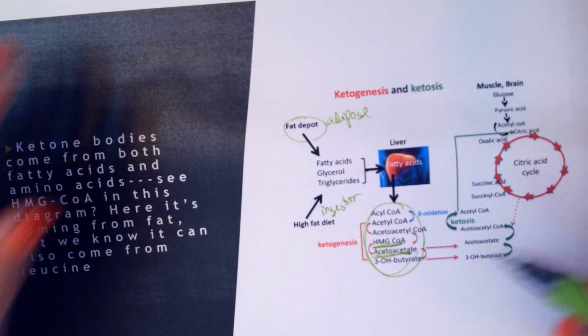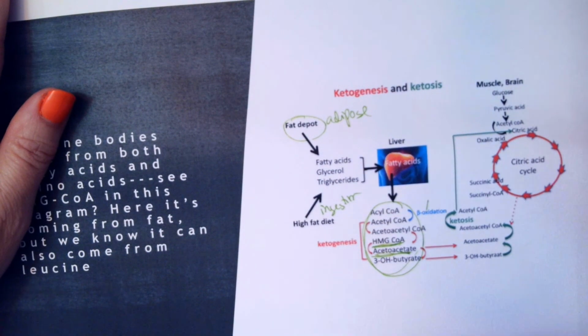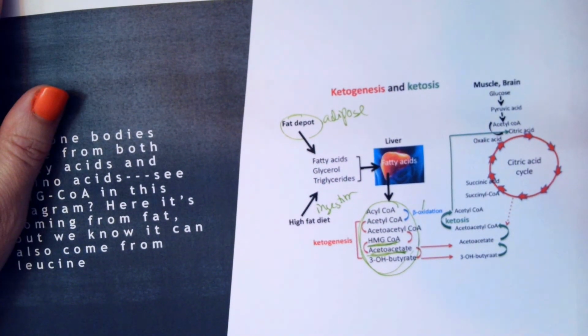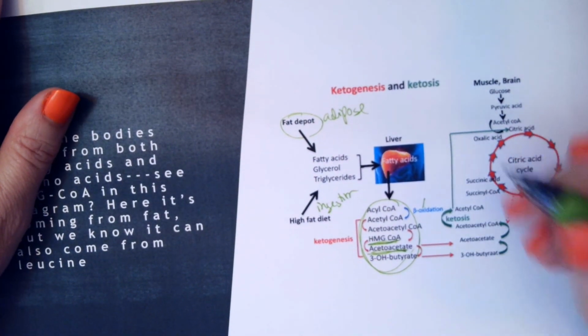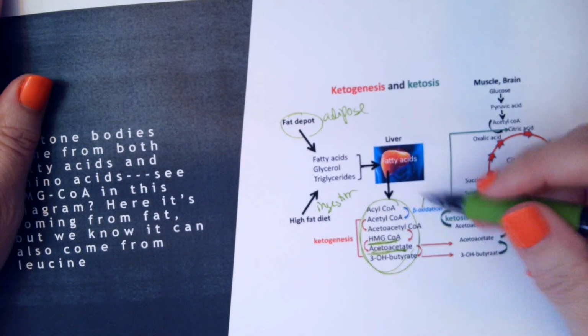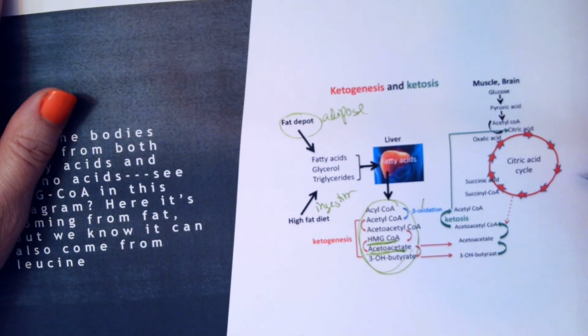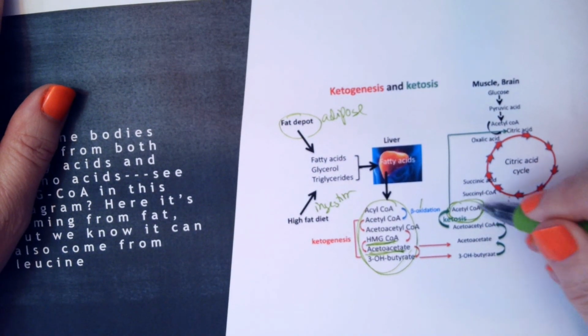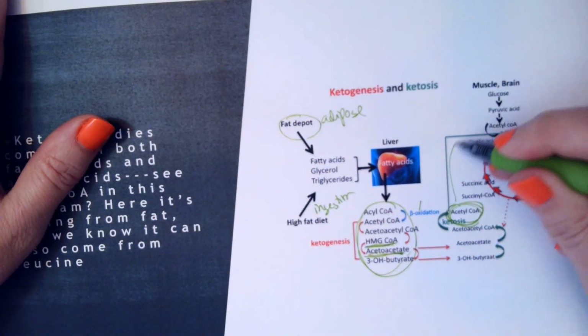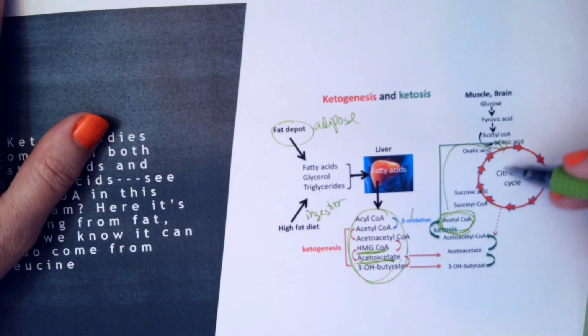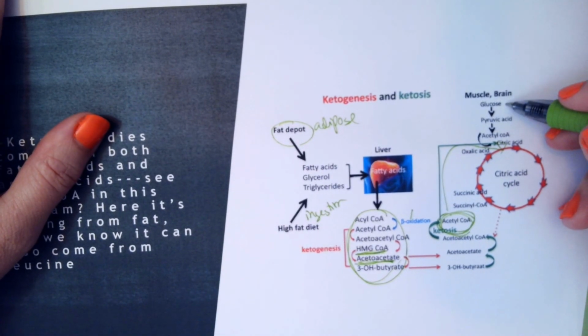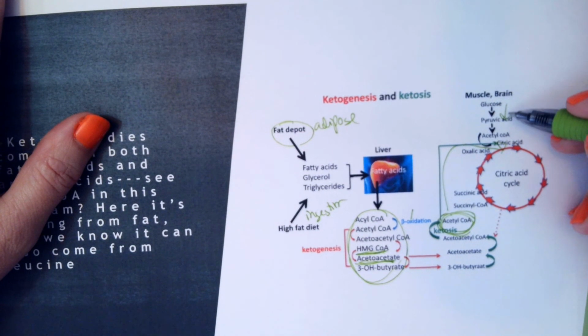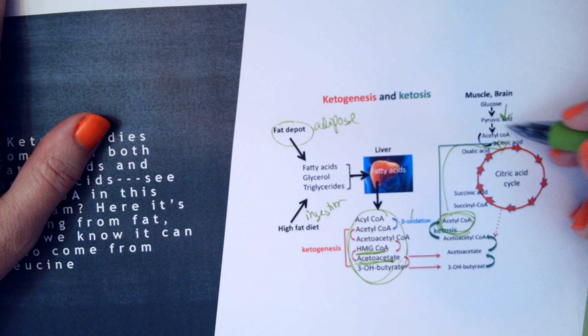When they say beta oxidation, it has to do with lipid breakdown, so we know that, breaking it down to get these particular keto bodies. Once we get acetyl-CoA out of them, we can go right into the Krebs cycle, which is right up here, just like we did with glucose, glycolysis, going down from glucose into pyruvic acid into acetyl-CoA.